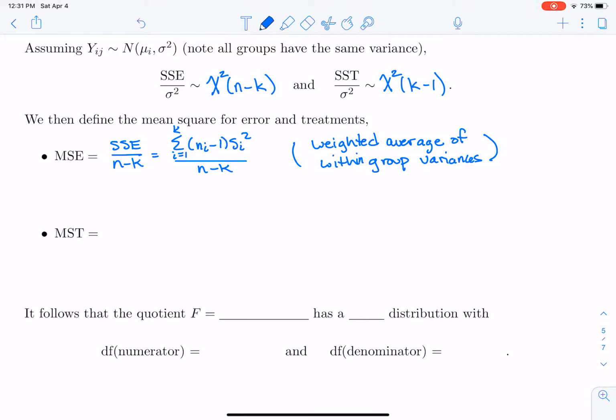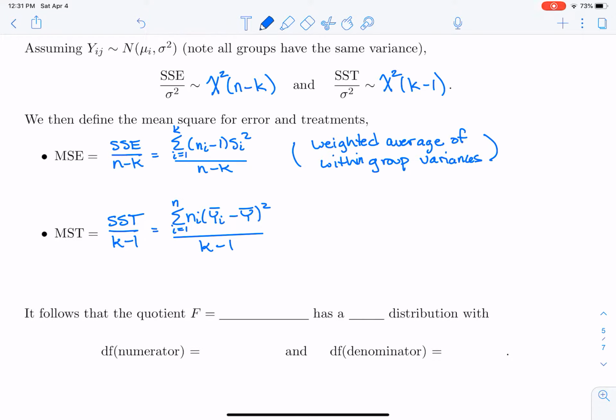Now the mean square treatments, we're going to divide the sum of squares treatments by k minus 1. Okay, so that's going to be the sum from i equals 1 to k of y i bar minus y bar squared. And I also need an n sub i in front of that. And I divide that by k minus 1.